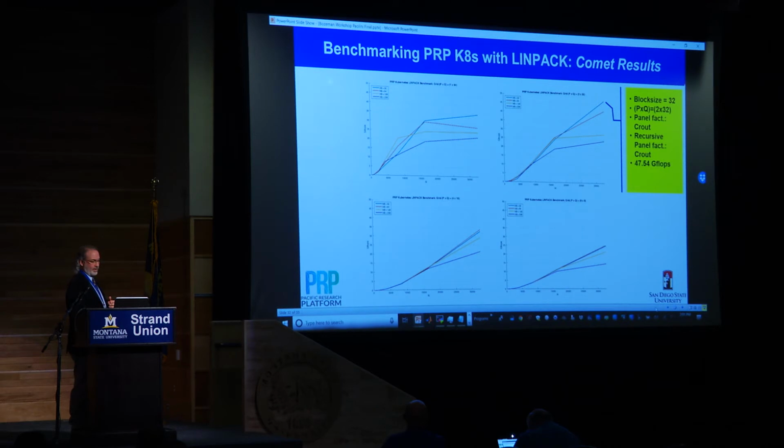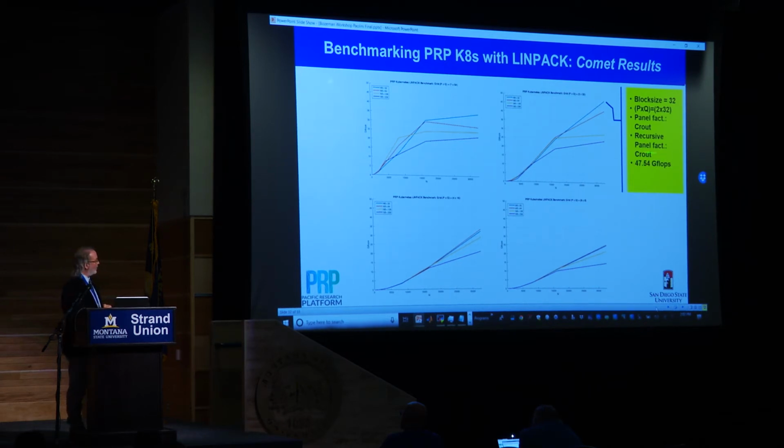I got the best results with the smallest block size of 32. On the same PQ grid assignment, though, this is the 2x32, but you can see the smaller block size makes much more of a difference, and block size begins to make more of a difference as n increases, as your system size increases.